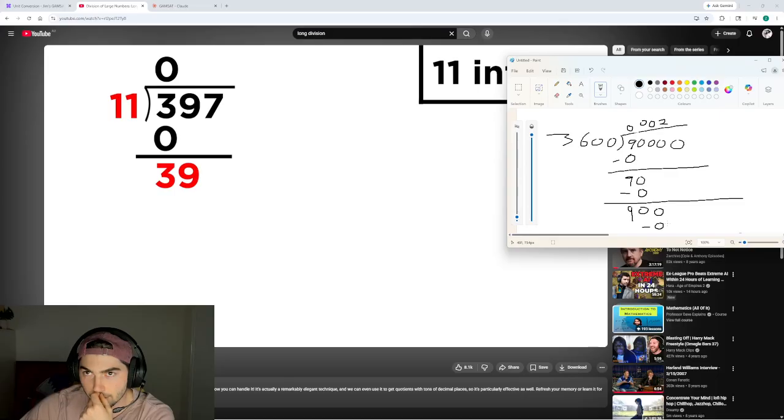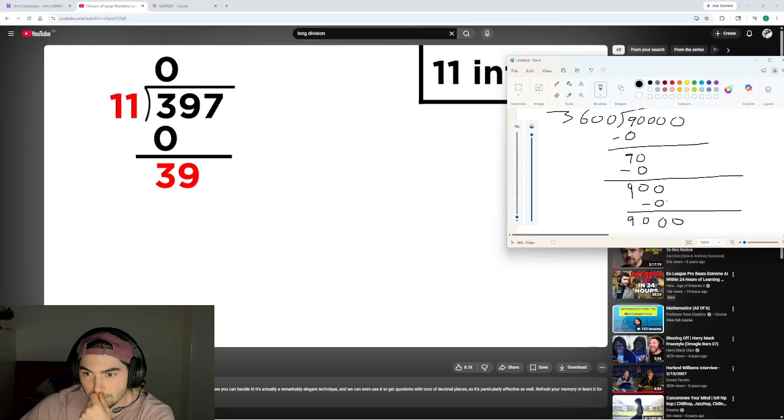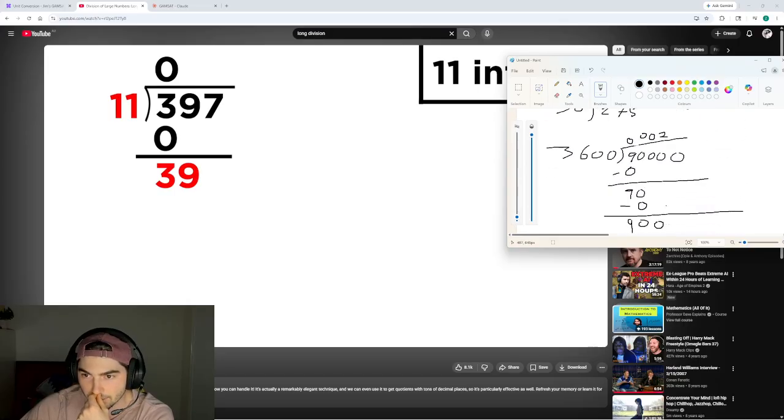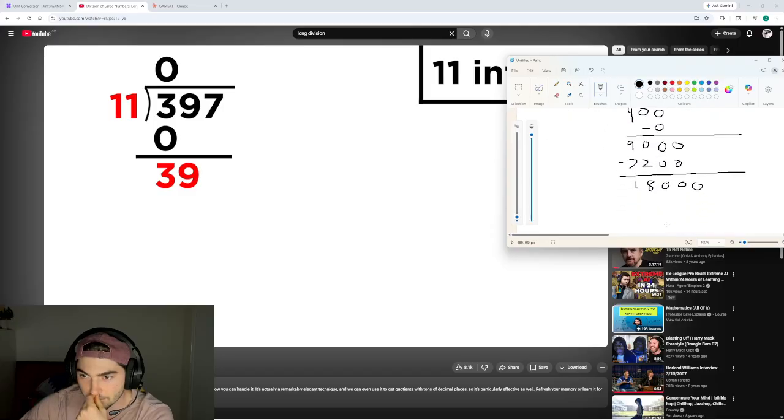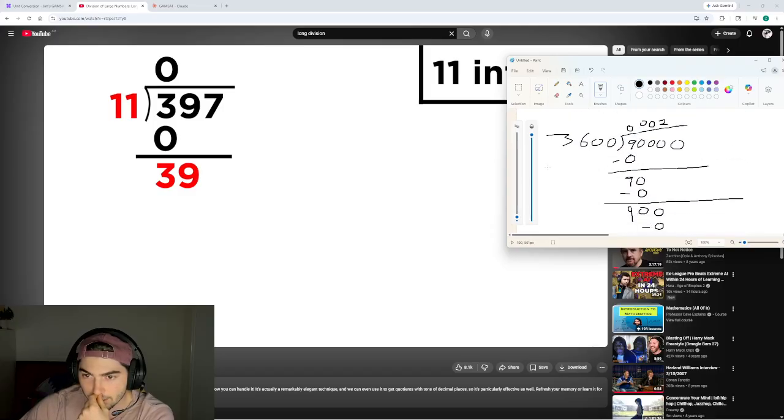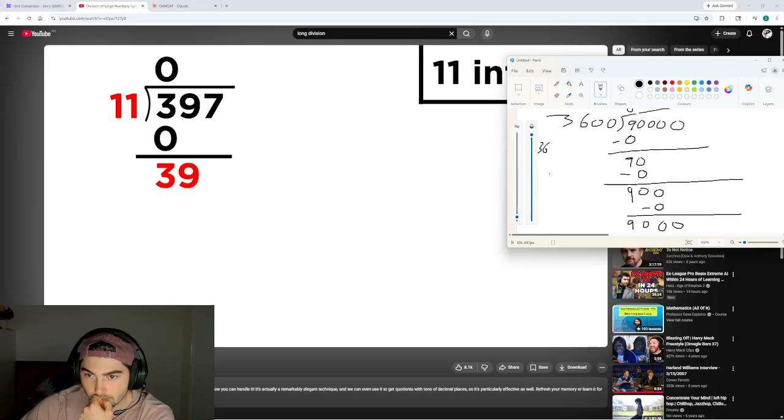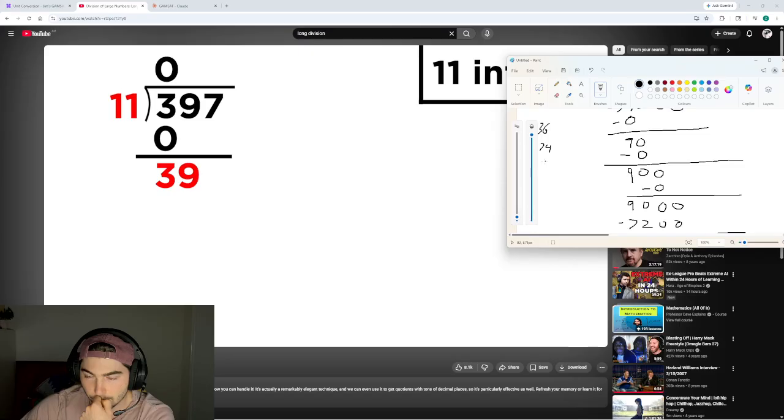I think this is more chance of making a mistake, but yeah, continue. You could again take the 2 zeros off at the end to make this easier. If you did 36, how many times does 36 go into 180? That's a lot more manageable.